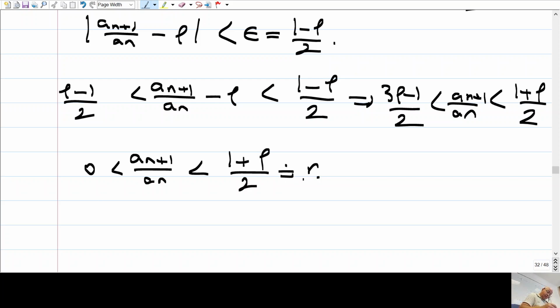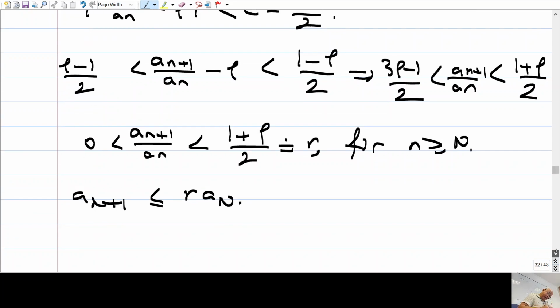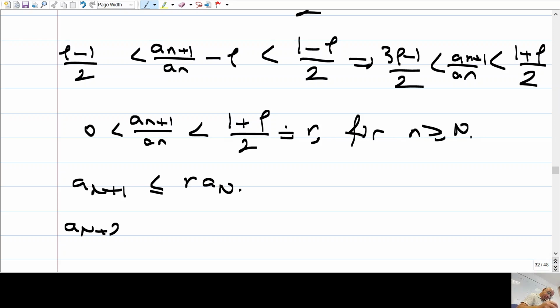This means what? So this is true for n greater than N. Well, this implies what? a_{N+1} is less than r times a_N, and then a_{N+2} is less than r times a_{N+1}, right?